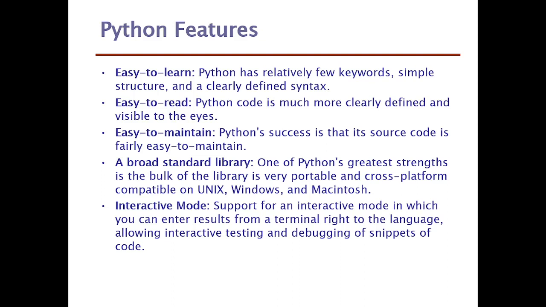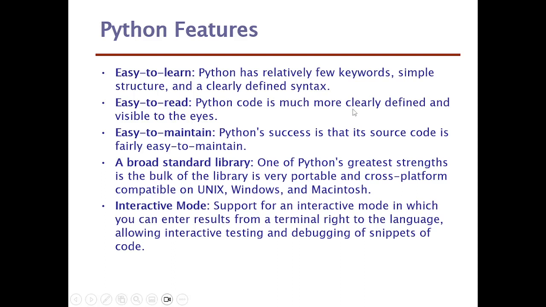Not like the Java programming language, it needs to have the query or the instructions. Then it compiles. So basically, it is hard to learn. So, easy to read. Python code is much more clearly defined and visible to the eyes. Yes, because if you are a beginner, you can directly see the code and its output.